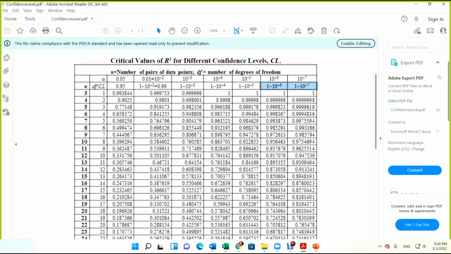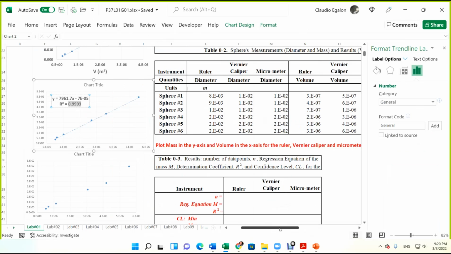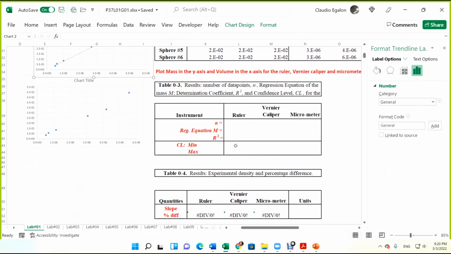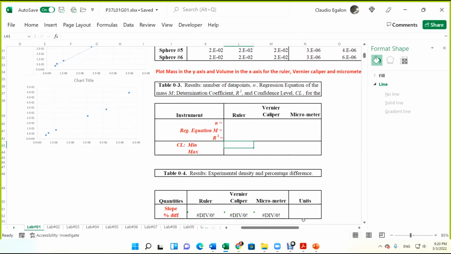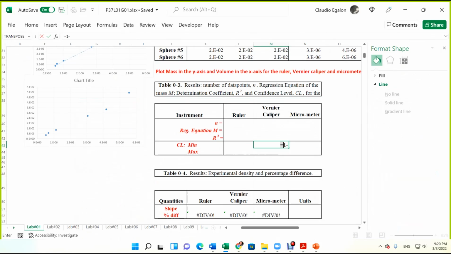Okay, so what you're going to do, you go here in your, see that here? That's gonna be the vernier caliper, right? It's gonna be equal 1 minus, let's take a look again at the 10 to minus 6 and 10 to minus 2. You always put an equal sign here, otherwise Excel will not recognize this as a number.